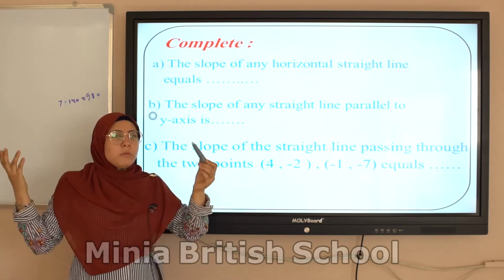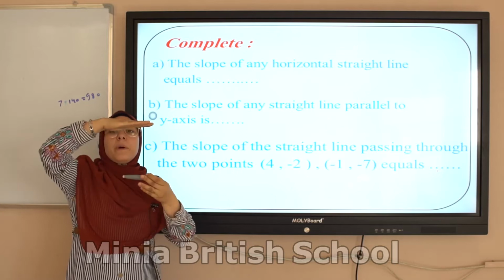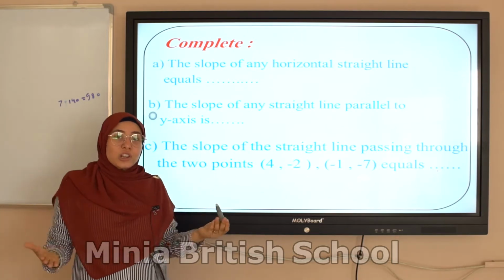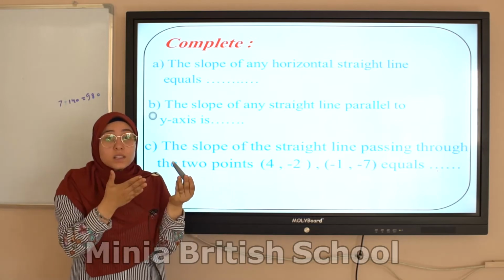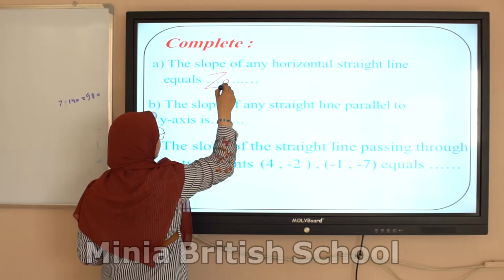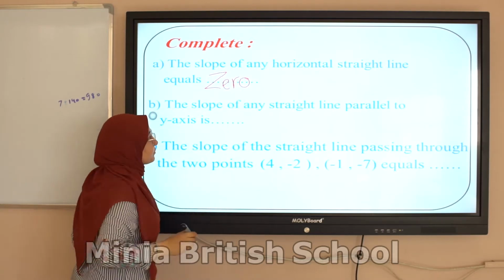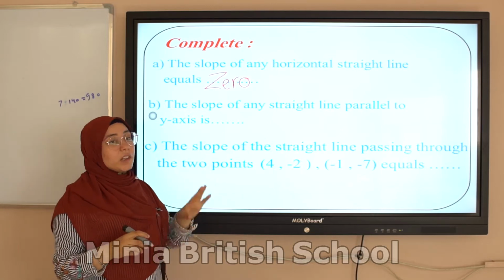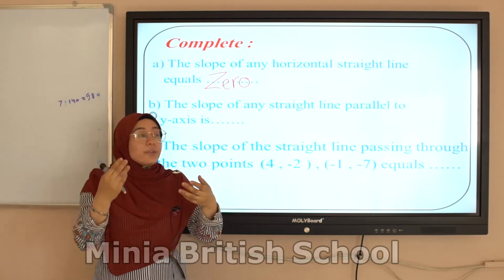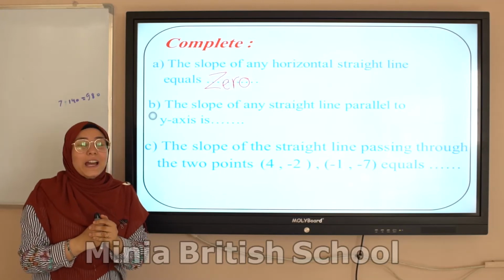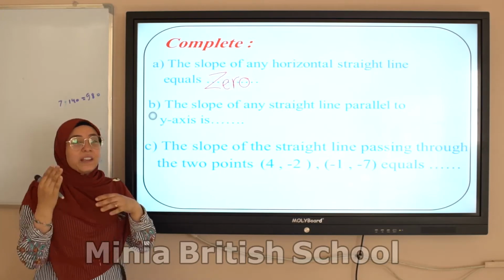Horizontal straight line, I mean the straight line parallel to the x-axis. The slope of the straight line parallel to the x-axis equals 0. Good. So the answer is 0. Here, the slope of any straight line parallel to the y-axis is an undefined value. Good.